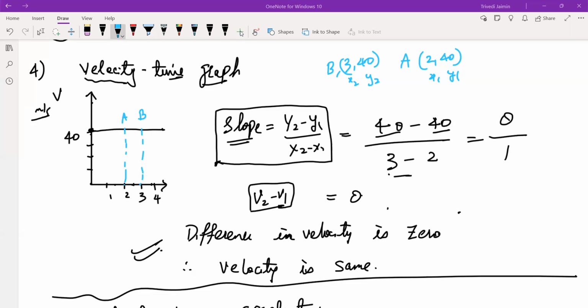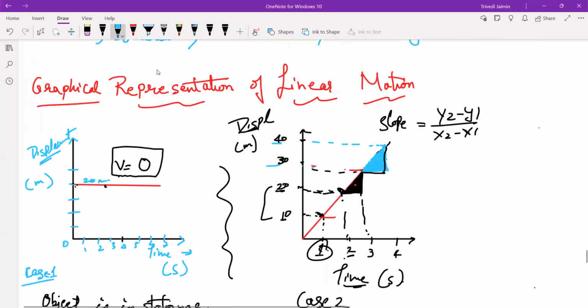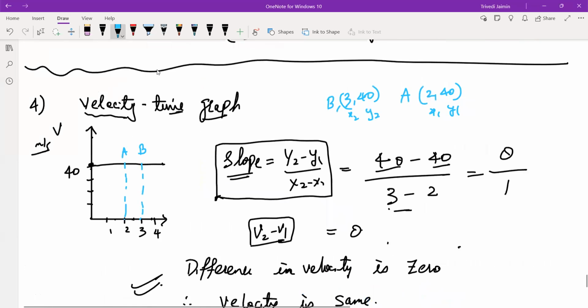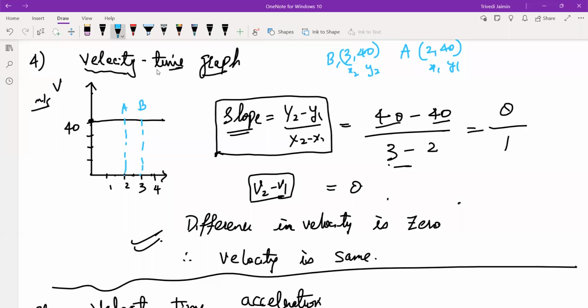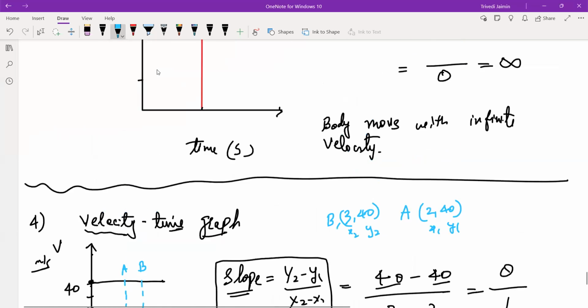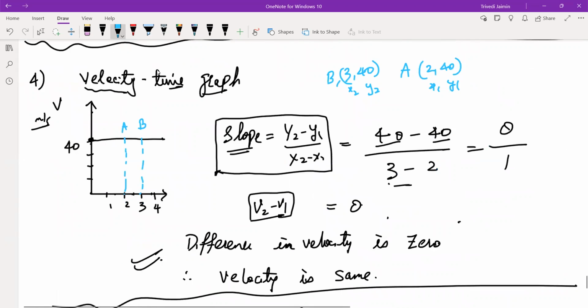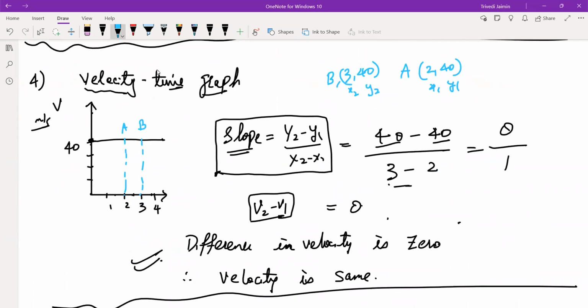Yes, sir. Now, if we see the same condition, we do the second one. Instead of displacement time, draw velocity and time. Everyone who finishes this one, draw the second, velocity time, and start explaining.